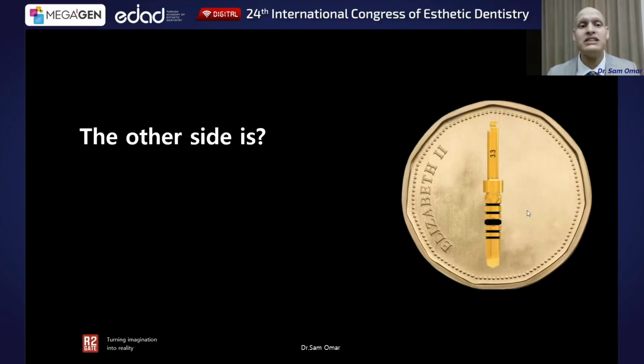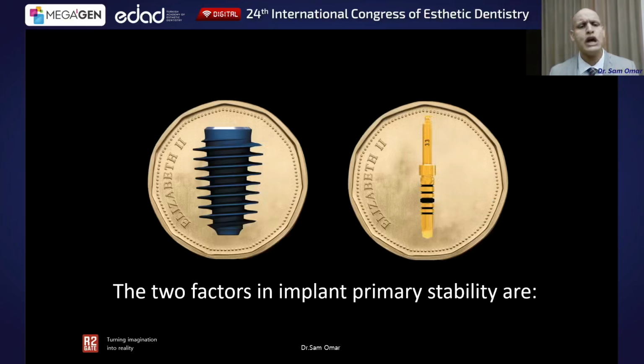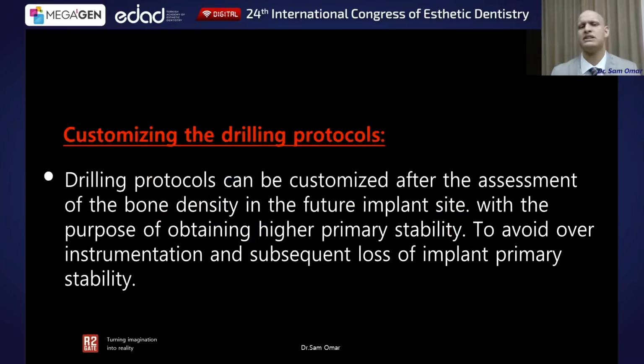Number two that we need to consider is actually instrumentation. How much drilling are you doing? Because remember, even if you have a great implant design, if you do a lot of drilling and the osteotomy is wider than the implant, you will not get good primary stability. So this is also one of the things that we have to bear in mind. So the two factors when it comes to implant stability are actually implant design and instrumentation.